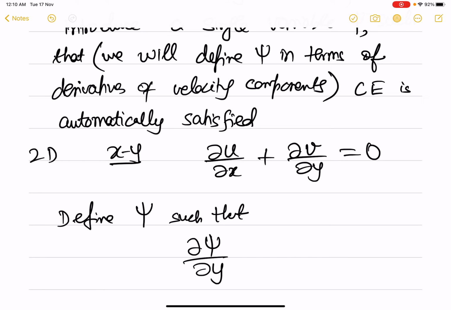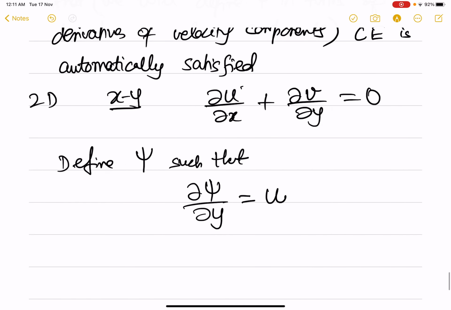I look at the first velocity component u. It has a derivative with respect to x, so I differentiate psi with respect to y. And partial psi by partial y I call u. And then what I do is it's d by dy of v.